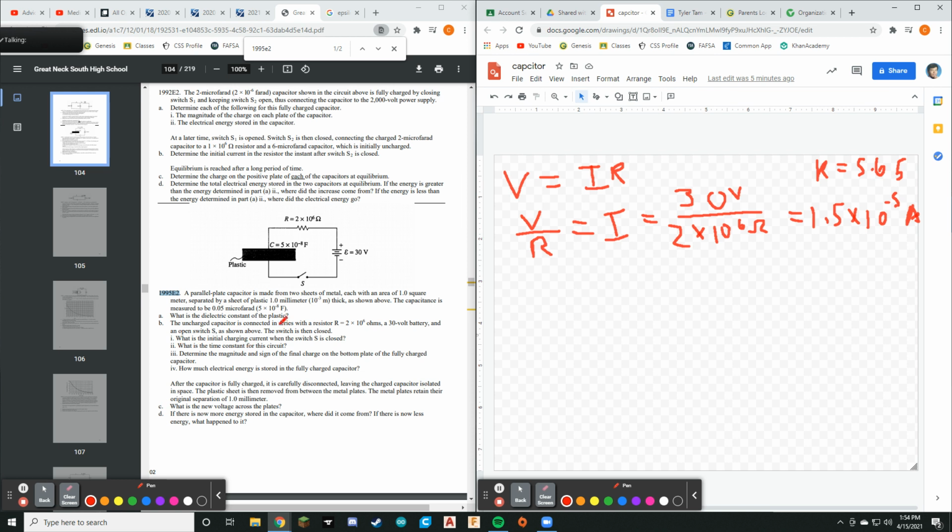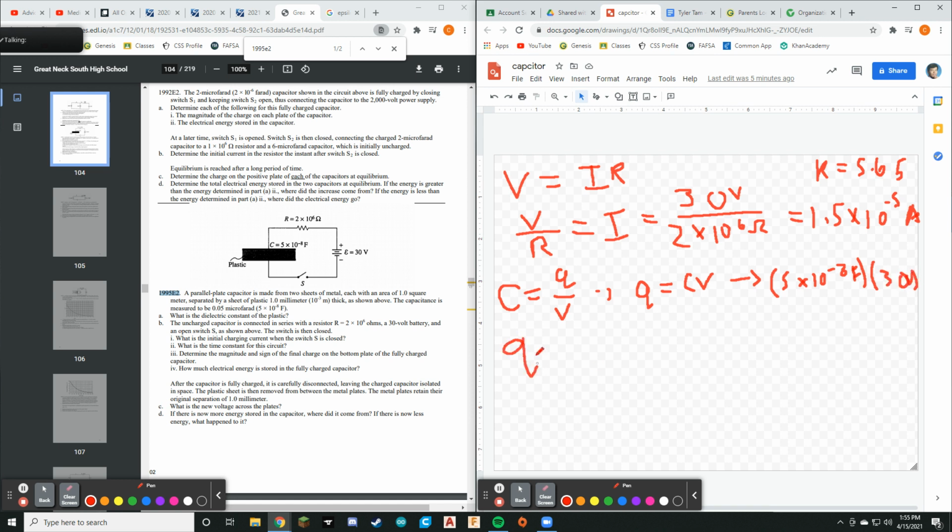I'm going to skip part 2 because that's going to be covered by a different group. Part 3 for B is determine the magnitude and sign of the final charge on the bottom of the plate when the capacitor is fully charged. So we know capacitance is charge over voltage. So charge equals capacitance times voltage. The voltage on the capacitor is going to be same as the battery. So we just plug in 5 times 10 to the negative eighth farads times 30 volts.